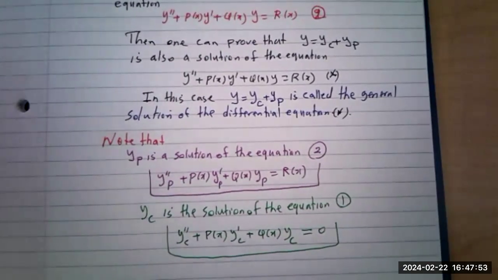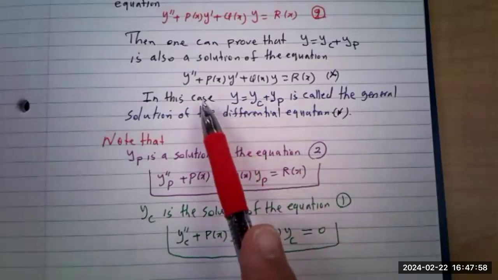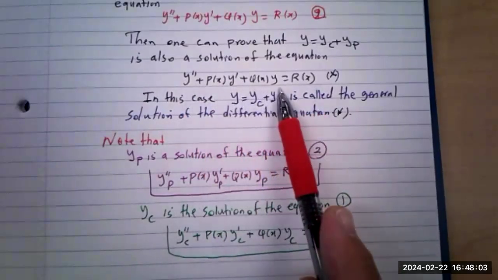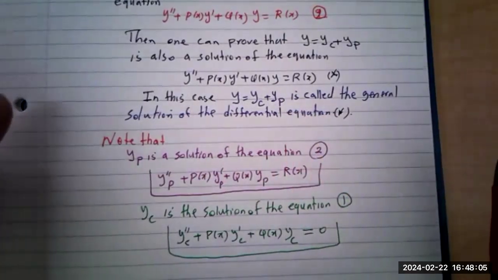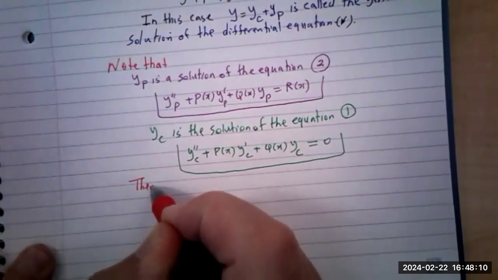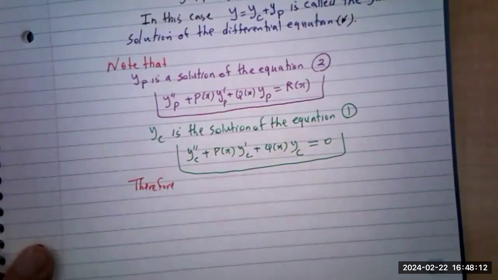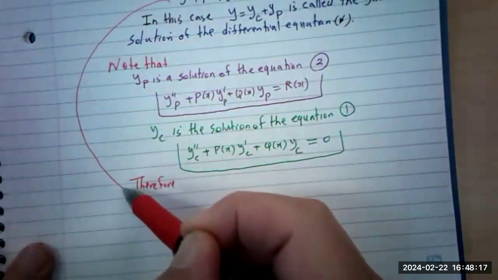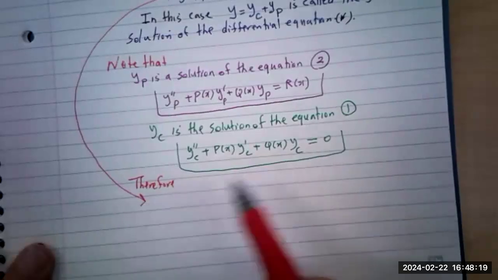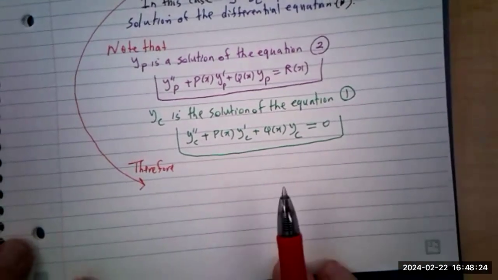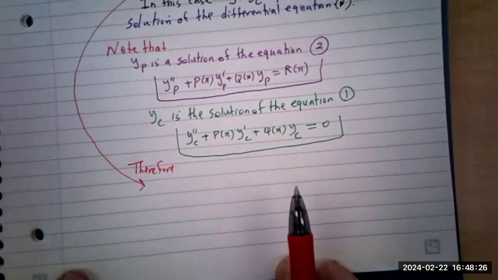So remember what you want to prove: that yc plus yp is the solution of this equation. Substitute in the left side over here and see what the result is. I'm going to check yc and yp in that equation. If you substitute for y, substitute yc plus yp.